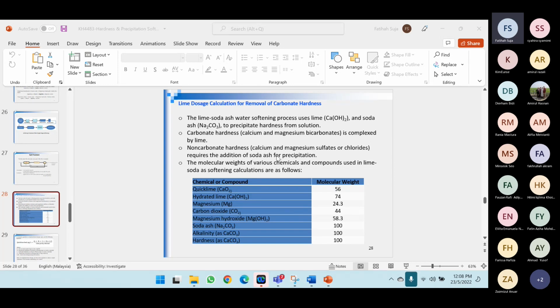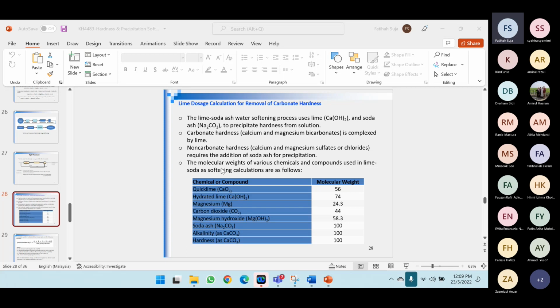Non-carbonate hardness, the calcium and magnesium sulfates or chlorides, requires the addition of soda ash for precipitation. So carbonate hardness, you can use lime, but non-carbonate hardness, calcium and magnesium sulfate and chlorides, can only be removed using soda ash.